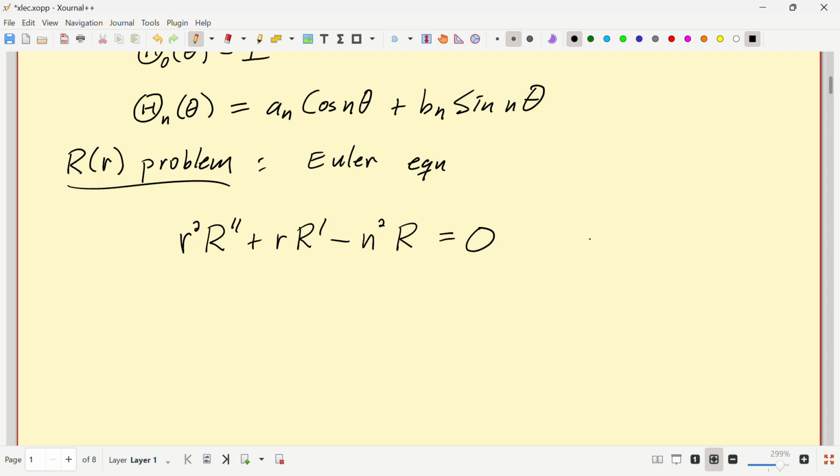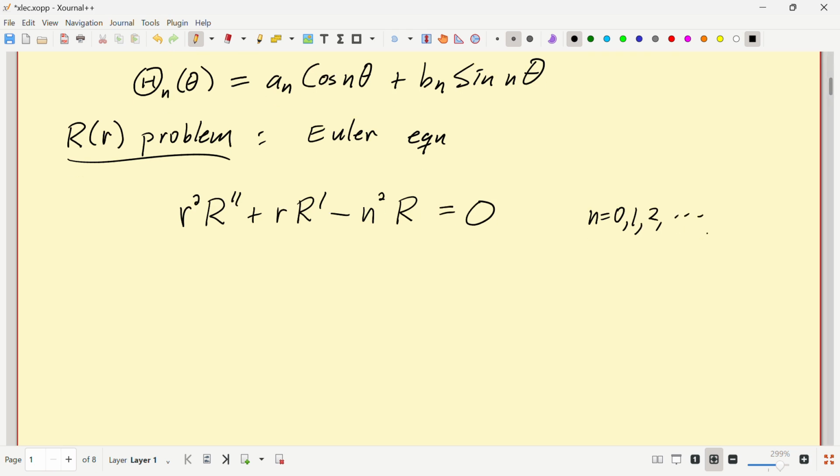And here we're going to allow n equals 0, 1, 2, etc. Those are the lambda. And remember, the lambda was equal to n squared.